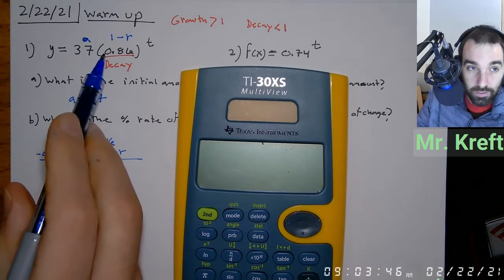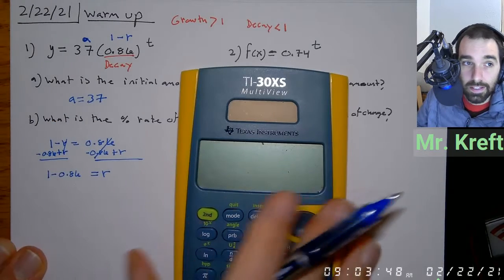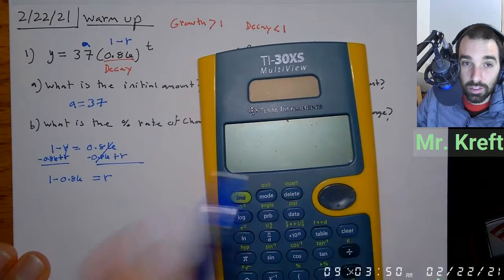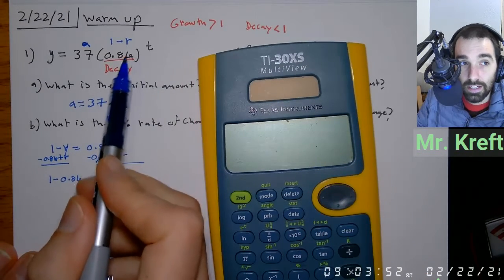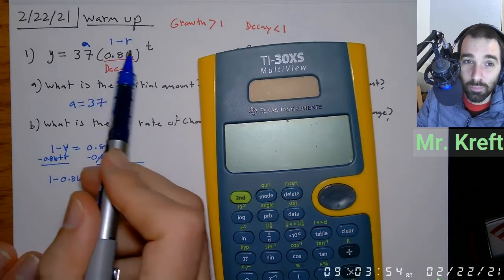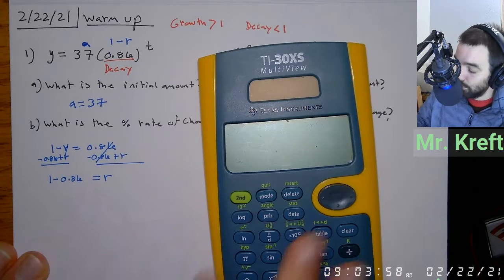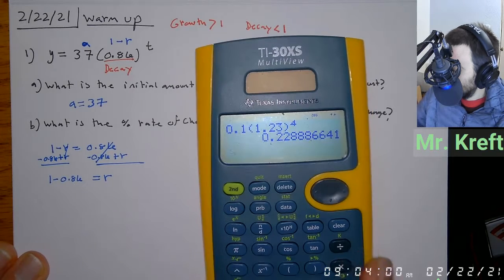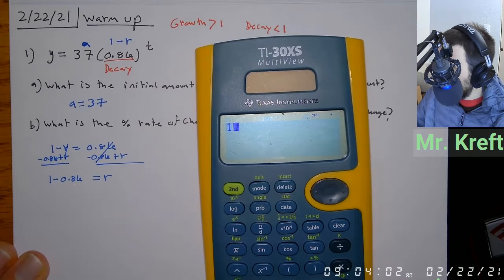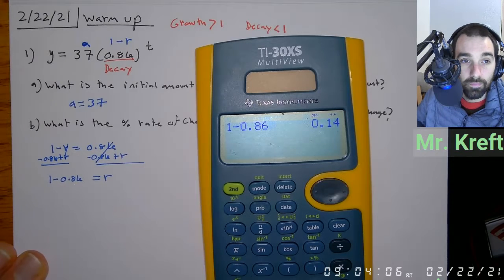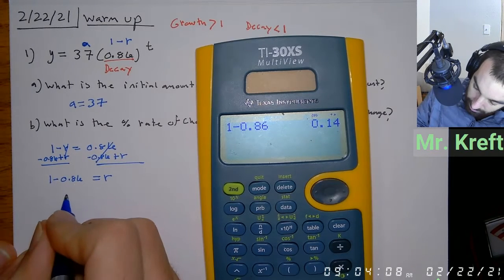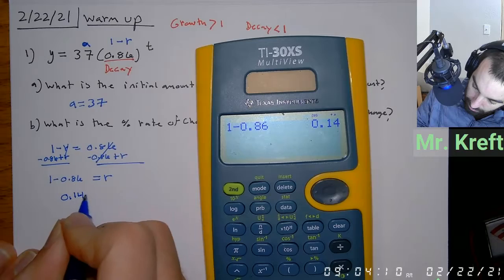Okay, so what I'm doing is I'm finding R. With decay, it's a little bit more difficult to find the R, because you can't just say it's 1 plus R. We have the 1 minus R, so we have to do a little bit of algebra here. So what are we going to have? We're going to have 1 minus 0.86, and I get that R is 0.14.